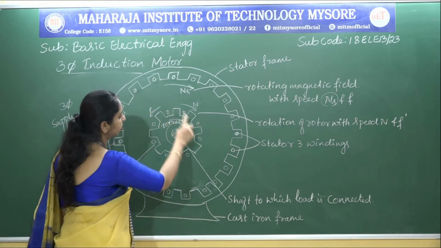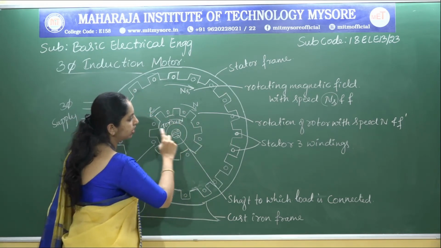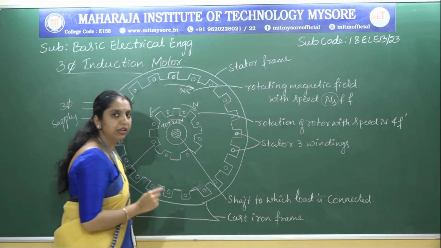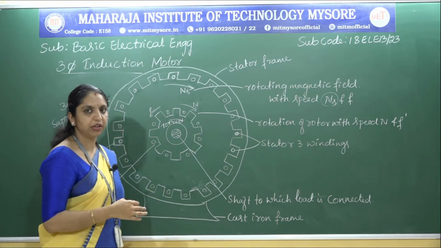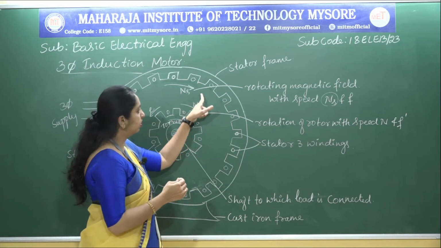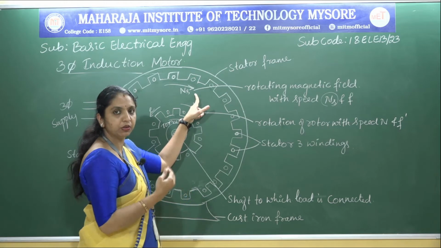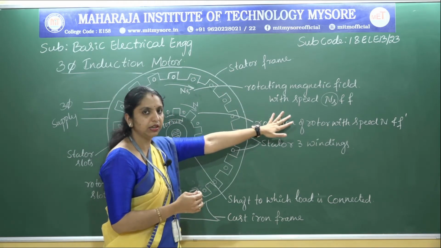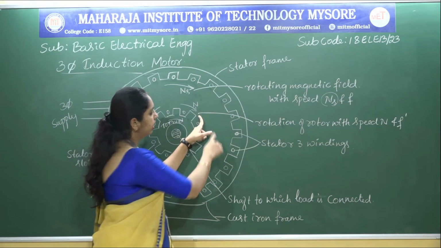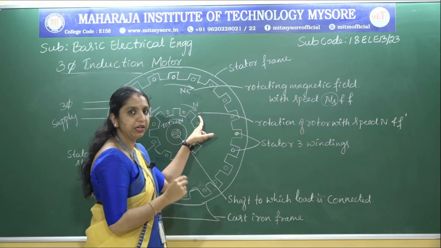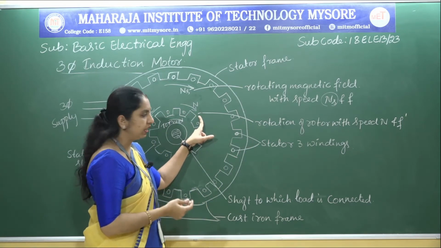Similarly, the rotor speed, indicated as N, is the rotation of the rotor with speed N, and the frequency is F dash. So remember, the speed of the rotating magnetic field is Ns, the synchronous speed, with frequency F, and here is the speed of the rotor, N, with frequency F dash.